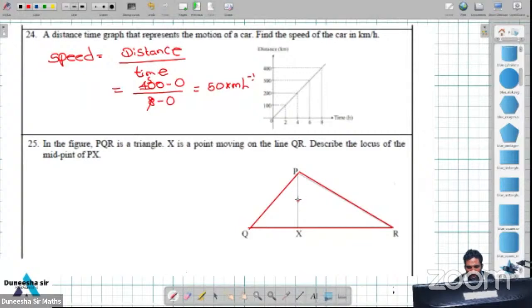This is the midpoint. X is moving on where?